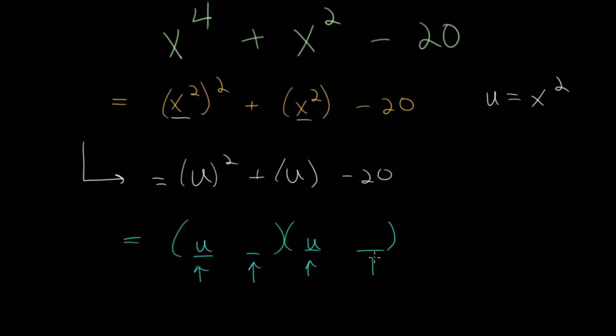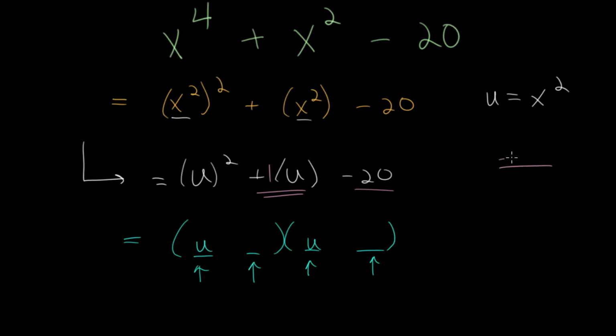And these terms right here will be constants, or just numbers, and they will have to multiply to negative 20, and they will add to the coefficient on u, which is just positive 1. So we need to think which numbers multiply to negative 20 and add to positive 1.